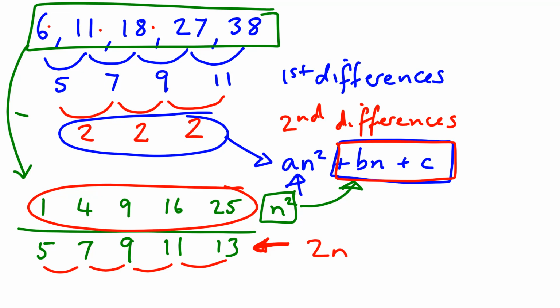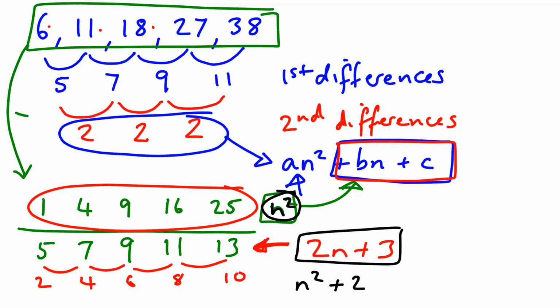If you compare it with your 2 times table, 2, 4, 6, 8, 10 and so on, I'm hoping you can see that we have to add 3 to the 2 times table to get the linear sequence. So it's plus 3. So if I now combine these together, my quadratic nth term overall is n squared plus 2n plus 3. And that nth term would generate the sequence that we started with up there.